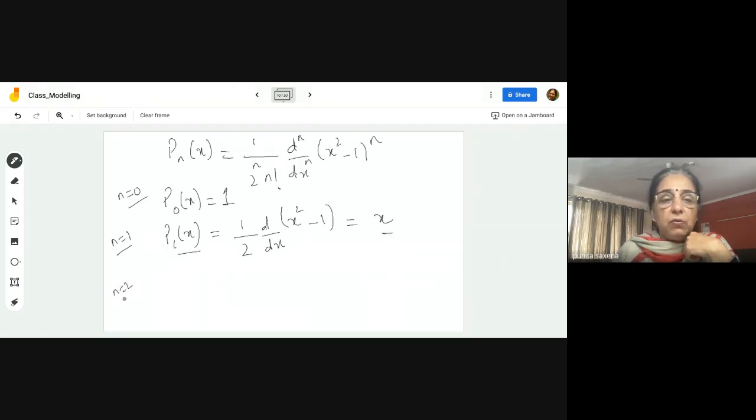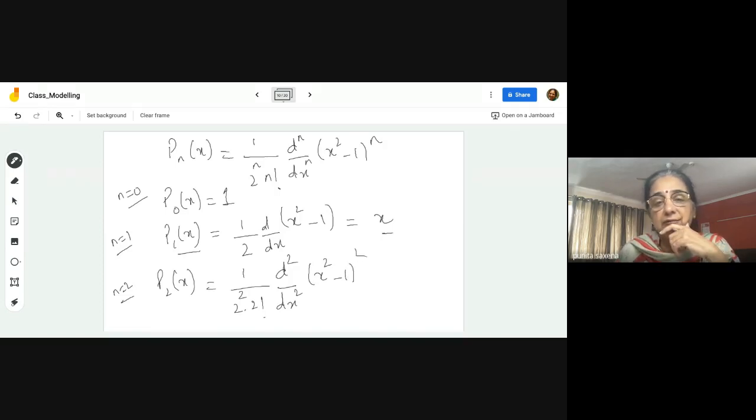Similarly, when you put n equal to 2, you're going to get P2 of x. What will that be? 1 upon 2 square 2 factorial into the second derivative of x square minus 1 square, because you have to substitute n everywhere.